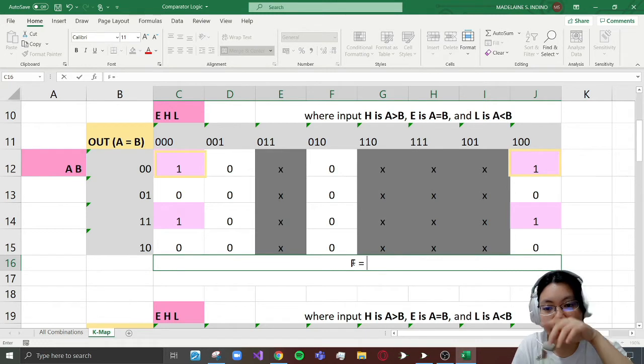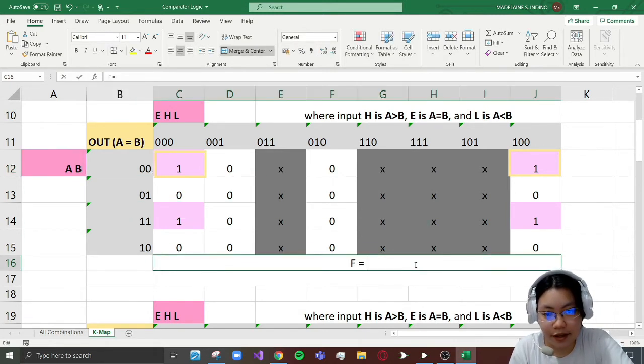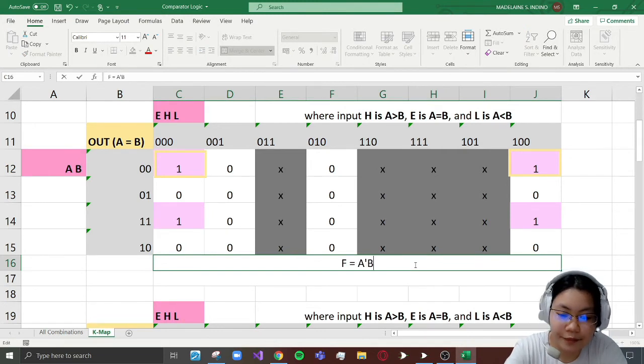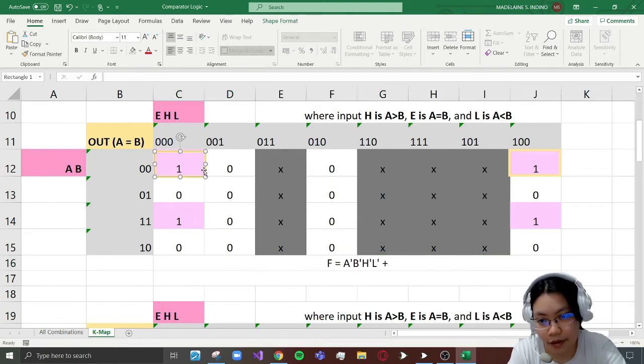We can see that A and B are constants in their complement form. For the vertical comparison, we can see that E is cancelled because it changed from 0 to 1. However, the high and the low signals stay in their complement form. How about our second group?